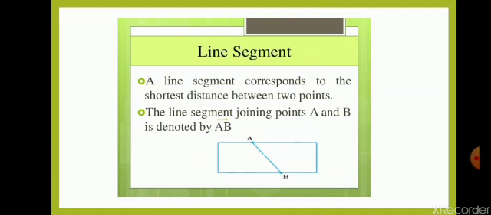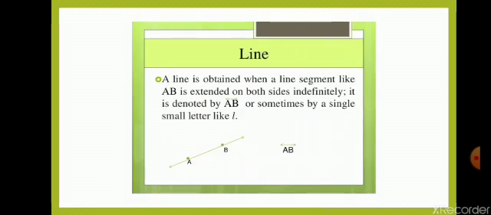The line segment joining point A and B, as in this picture, is denoted by AB. Look, AB is a line segment, the shortest join of point A to B. Now, a line is a line segment extended endlessly in both directions.